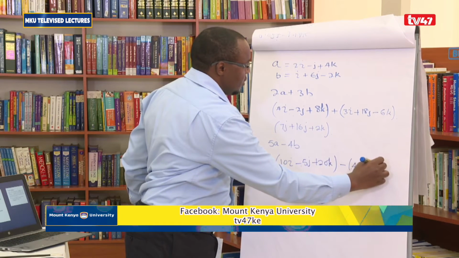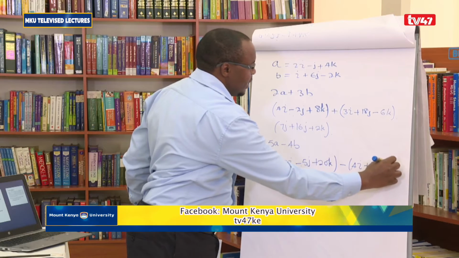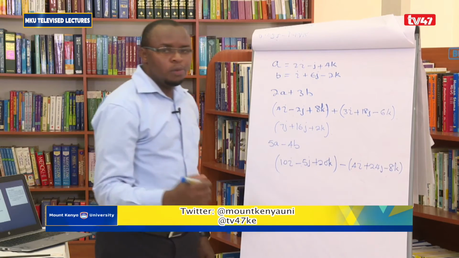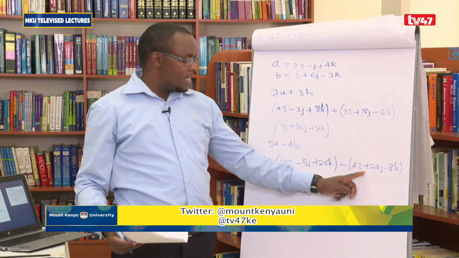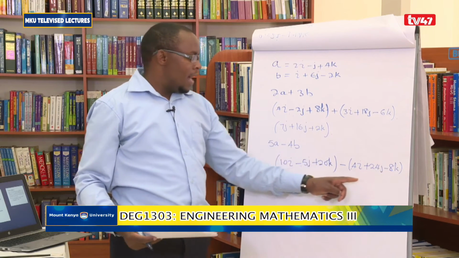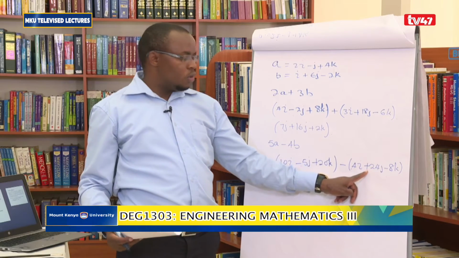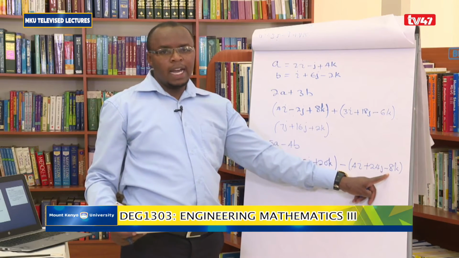Again, you put the like terms together. Remember, this negative here is going to affect the signs which are inside here, and therefore this sign is going to be negative, and this sign is going to become positive.